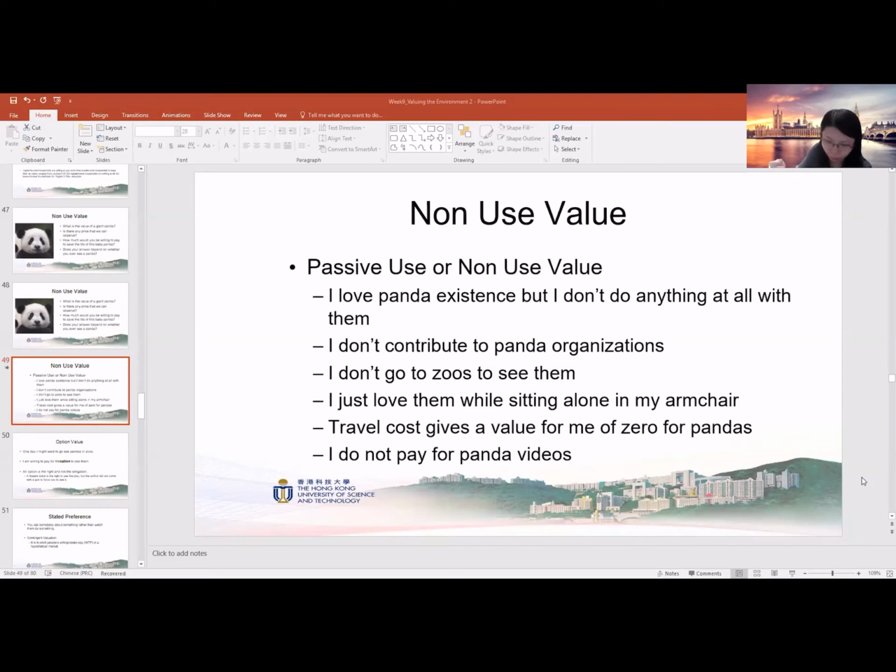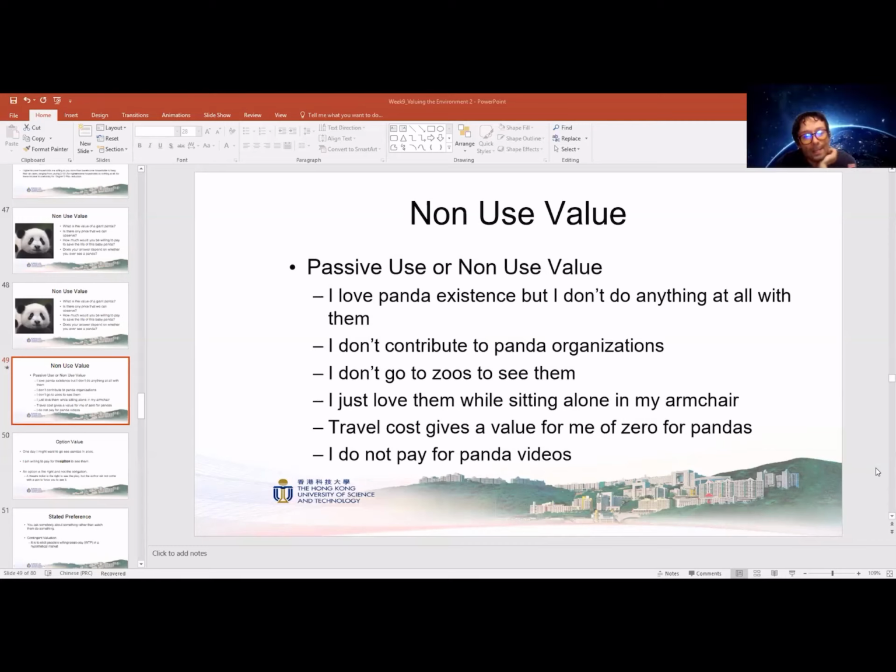They might just think it's good enough to see them in pictures, right? And then they will feel sad if these pandas disappear for other reasons. So you can't actually observe these people's actions in real life, but they have these preferences. That's the non-use value we're talking about.